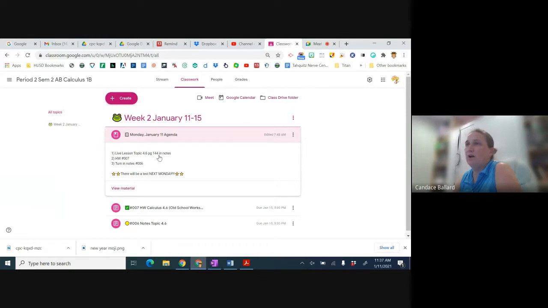So I'll talk more about those maybe on Wednesday, what we're going to do with those, okay? You're going to make sure you turn in note 6. Make sure you get them all fixed up and turn them in. And then make sure you work on 7, okay? And it is an old school worksheet. If you want to print it and write on it, that's fine. Or you write on your own paper, either is fine. Or if you have the ability to write on it in Kami, you can do that too, okay?